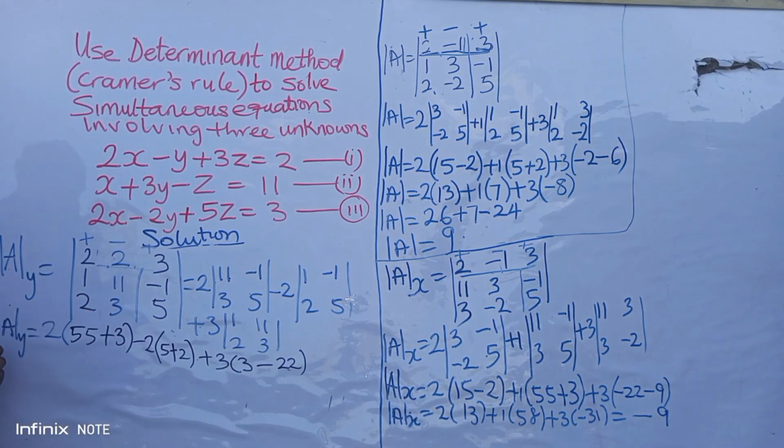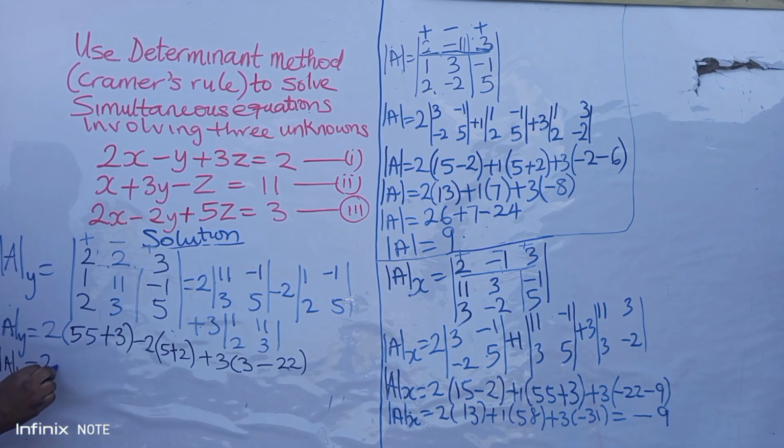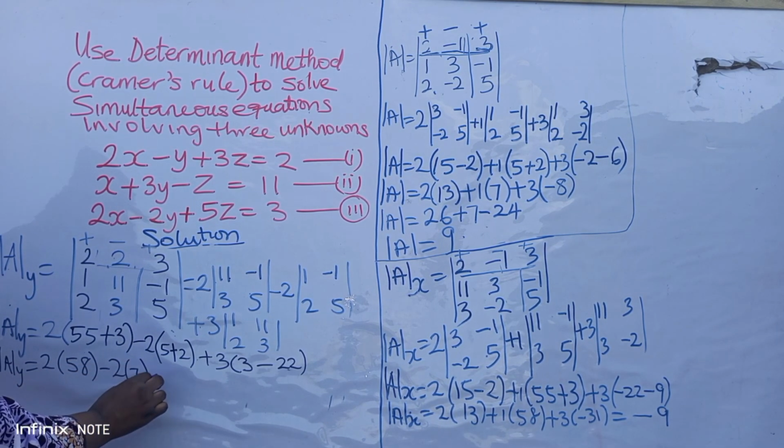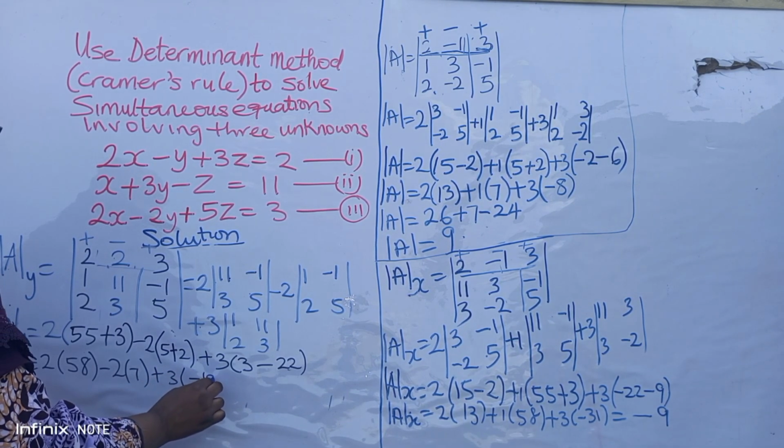So here I have determinant of A subscript Y is equal to 2 multiplied by 58, then minus 2 multiplied by 7 plus 3 multiplied by minus 19.